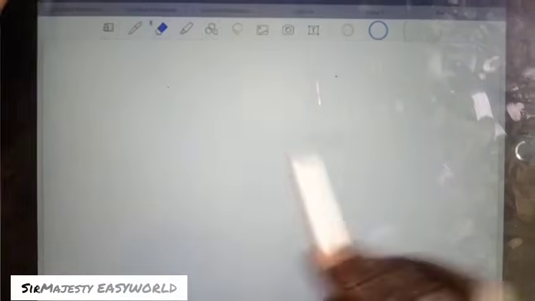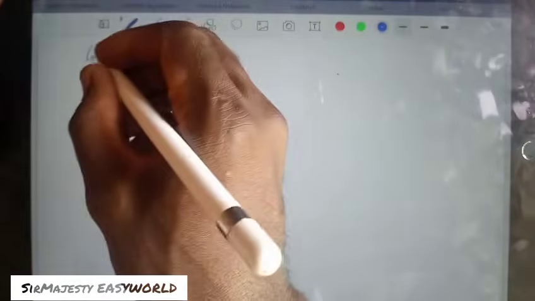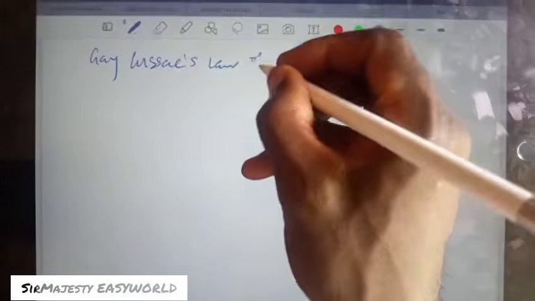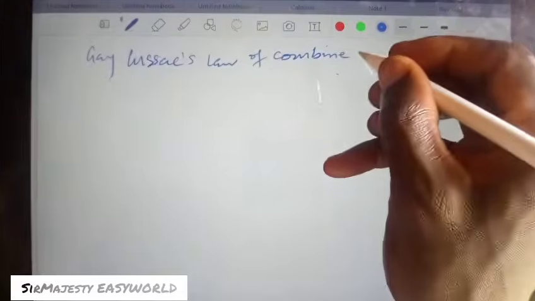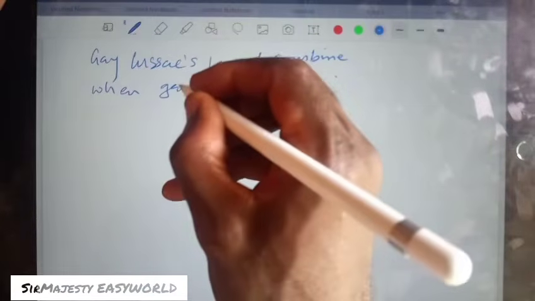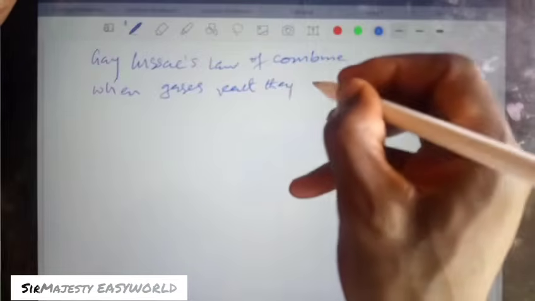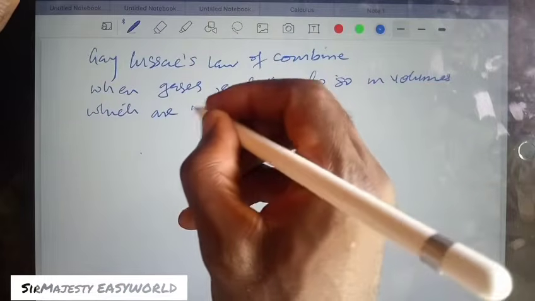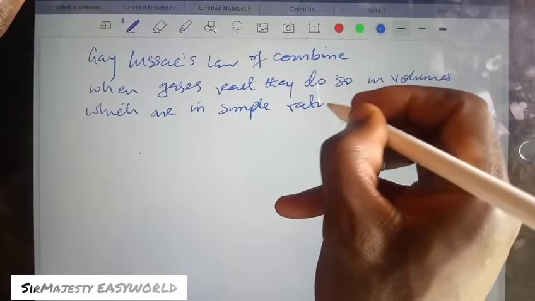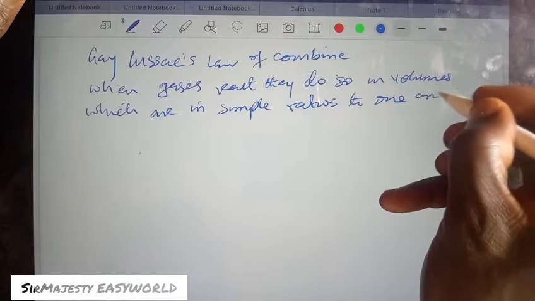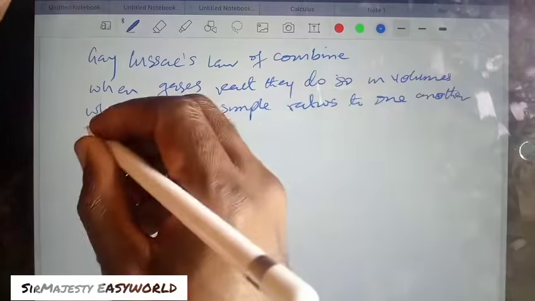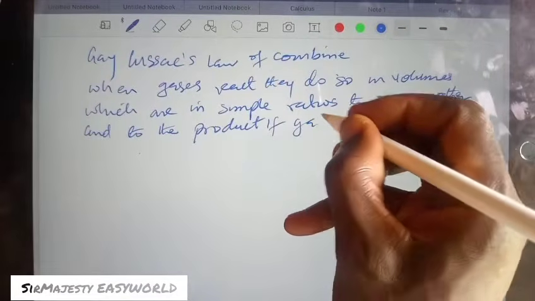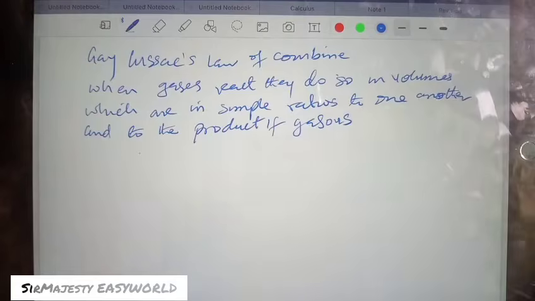Question number 5. Gay-Lussac's law of combining volume states that when gases react, they do so in volumes which are in simple ratios to one another and to the product, if the product is in gaseous state, at constant temperature and pressure.